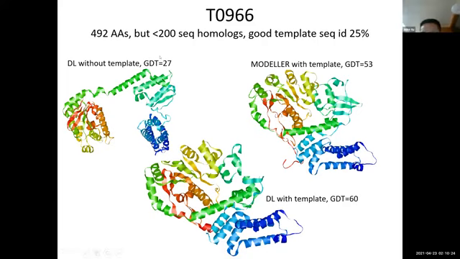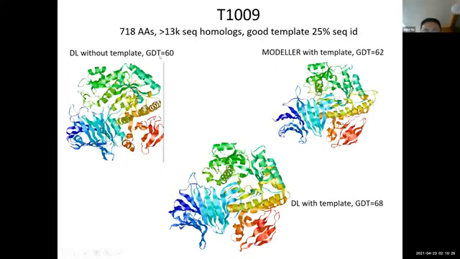Okay, so this is one example. Then here is another example. This protein has more than 700 amino acids. So now we can do very well without using templates. By using deep learning, we can get a very good model for such a large protein. Yeah, because this protein has more than 13,000 sequence homologs. And then this is the model built with templates, but without sequence homologs.